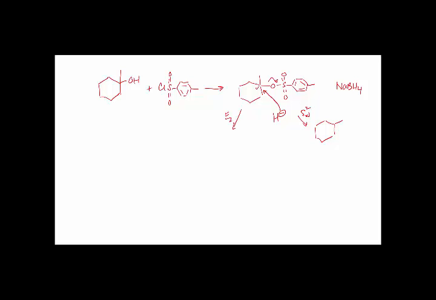So there's my alpha carbon, there's a beta carbon, there's a beta carbon, there's a beta carbon. So then I have to think about which beta hydrogen is going to be removed with an H minus. Is it going to be one of the beta hydrogens that are on the ring, or is it going to be a beta hydrogen that's on the methyl group that's outside of the ring?